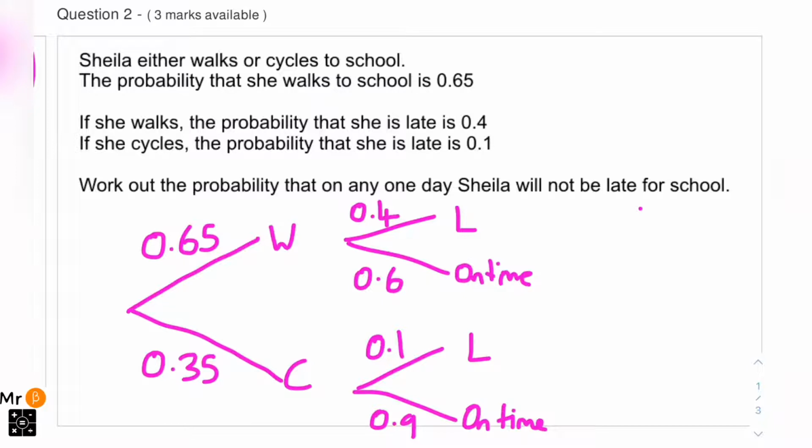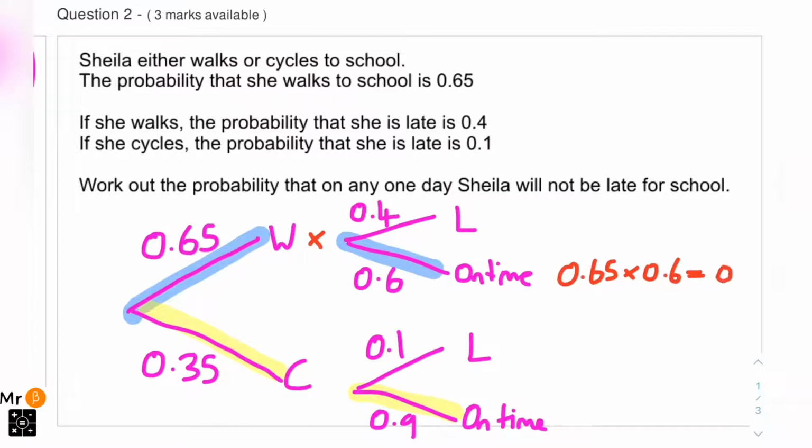It wants you to work out the probability that on any one day she will not be late for school. So we know she could walk and not be late, so arrive on time, or she could cycle and arrive on time as well. So we then need to multiply our probabilities together. If she walks and is on time, it would be 0.65 times by 0.6, and that is equal to 0.39.